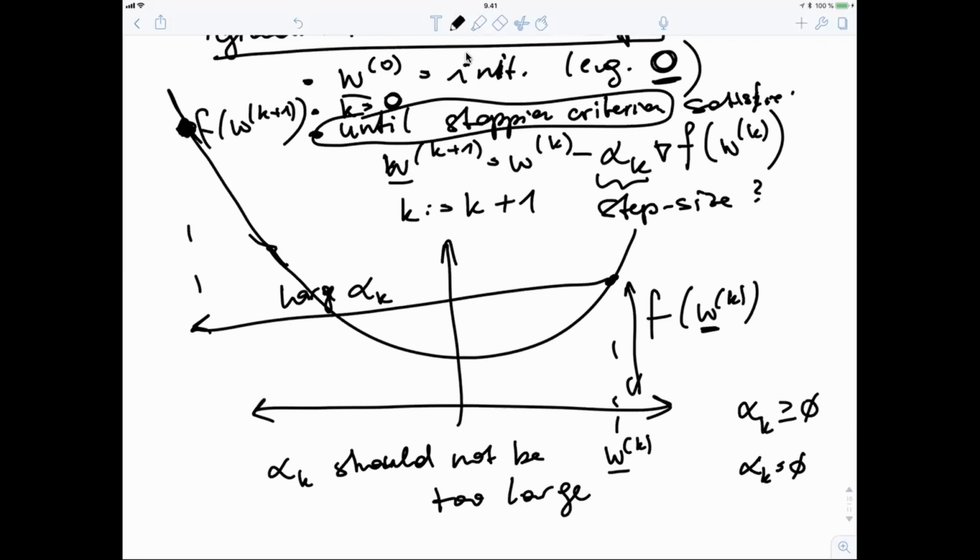Well, we would make 0 progress. So we would always set the next iterate equal to the previous iterate. We would just stay on the same. Yeah, we don't move at all then.